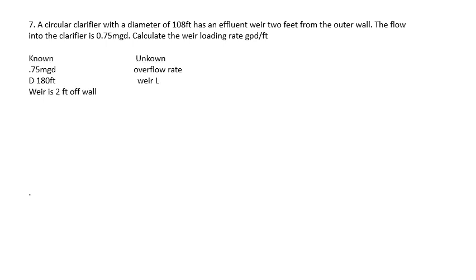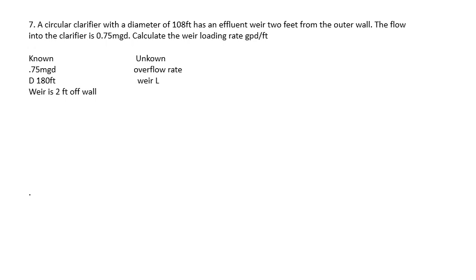We're going to start with our knowns and our unknowns as always. You have a flow of 0.75 million gallons a day, a diameter of 108 feet, and the weir is 2 feet off the wall. Remember, the weir is going to be the circumference. So what we don't know is the overflow rate or the length of the weir.